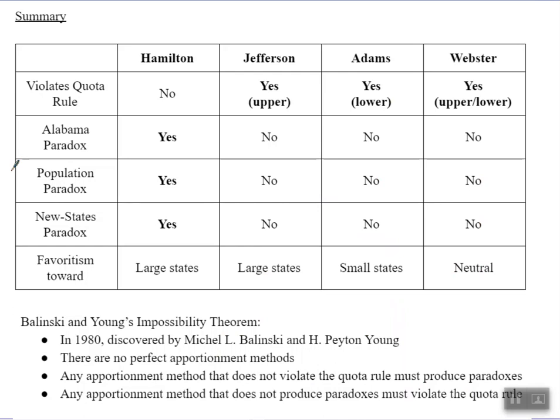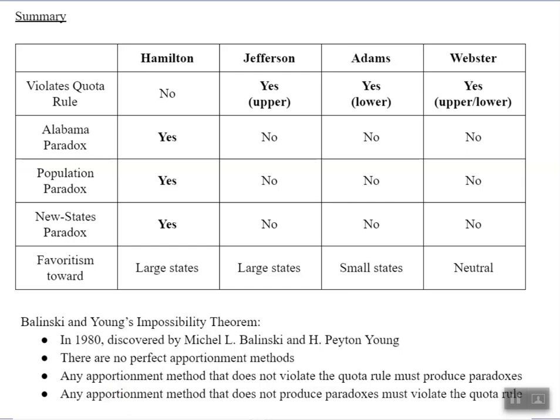Again, Hamilton's method is the only method that falls victim to that paradox. And then we have the new states paradox, where a new state is added, they get their appropriate number of seats, but when you redo the calculations, there are some changes amongst other states. Again, Hamilton's method is the only method that is affected by this paradox.